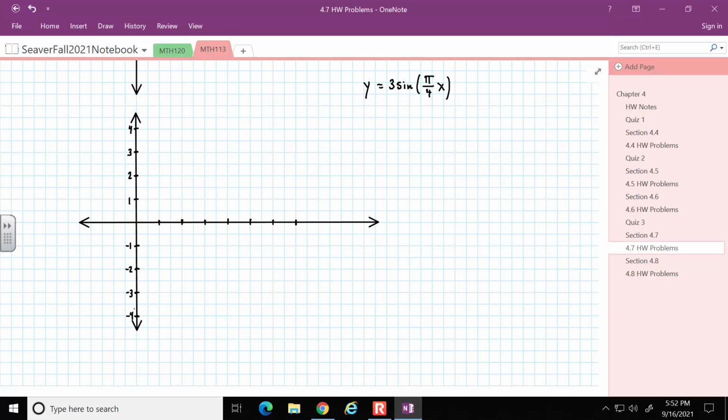It'd be 2 pi over, and what is b? 2 pi over that. You've got to simplify that down. See some pretty good labels.